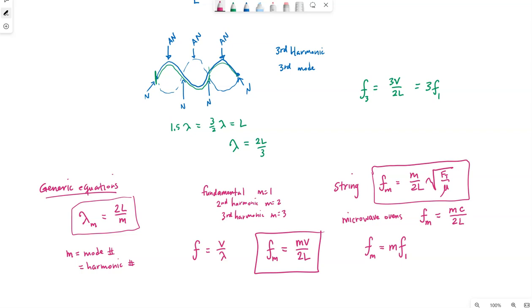Now, for those of you that are musicians, that do play an instrument, we can force out these harmonics. So on a violin or a guitar, if this was my violin string, stringed instruments play the fundamental naturally. So you just pluck the string, you draw a bow across it, and it will vibrate in this fundamental mode.